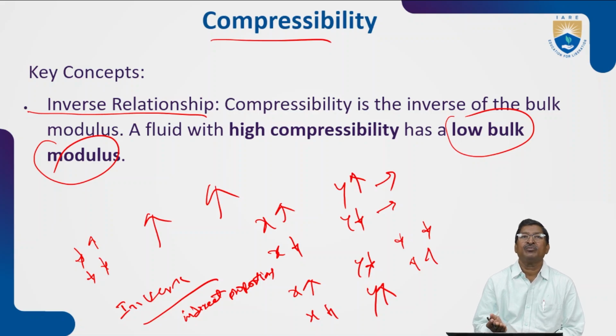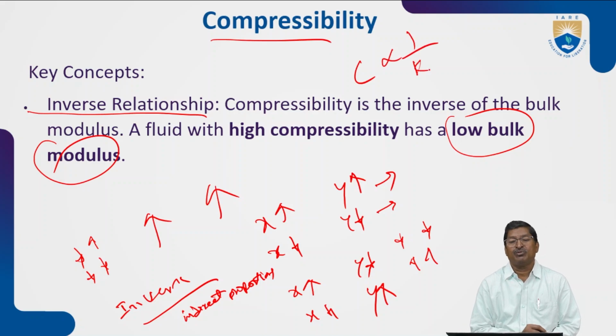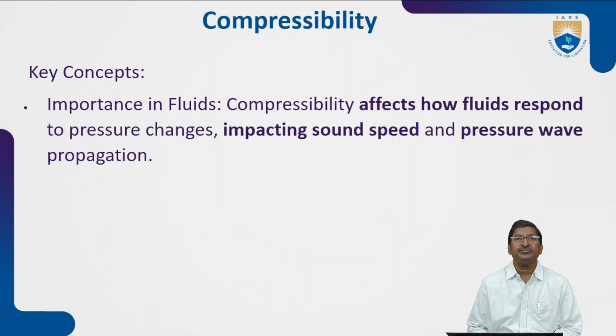If bulk modulus is high, compressibility is low. If compressibility is high, bulk modulus will be low. So compressibility is inversely proportional to bulk modulus. They have an inverse relationship.